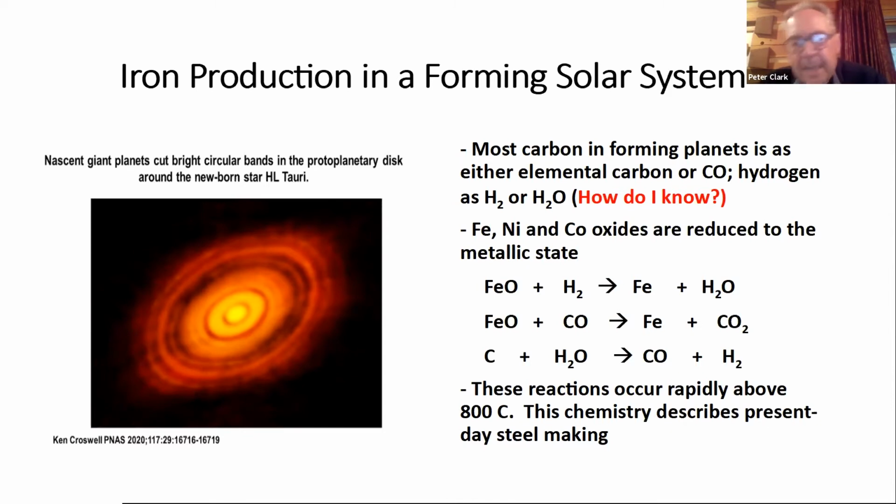So when chemists say something, we actually know it's true. That's a bold statement, isn't it? But I can be absolutely sure that methane cannot survive accretion of a planet such as Earth, which has got very hot. Next slide, please.